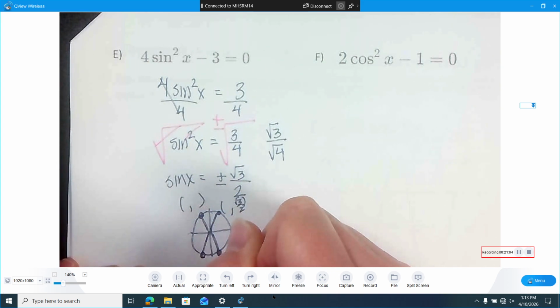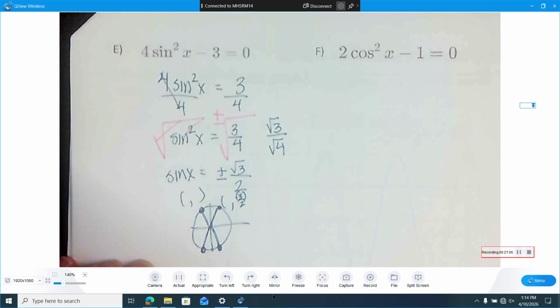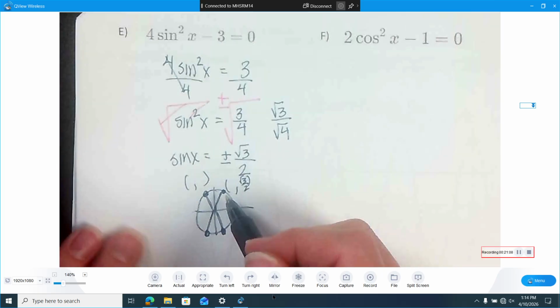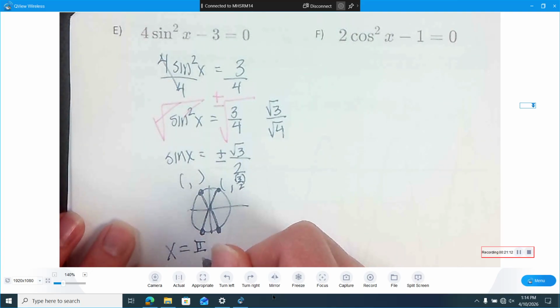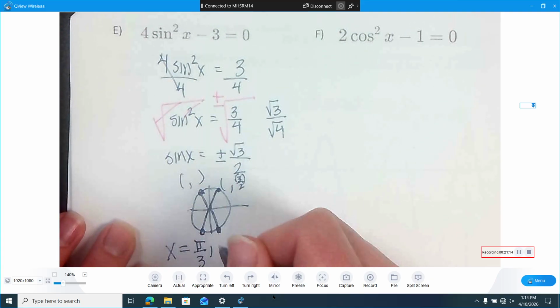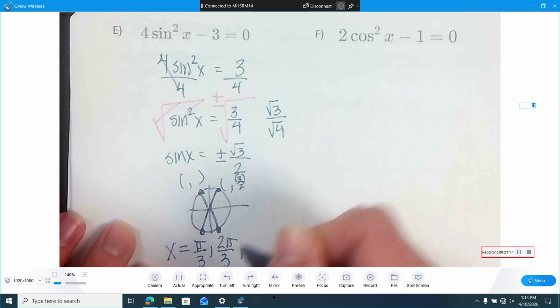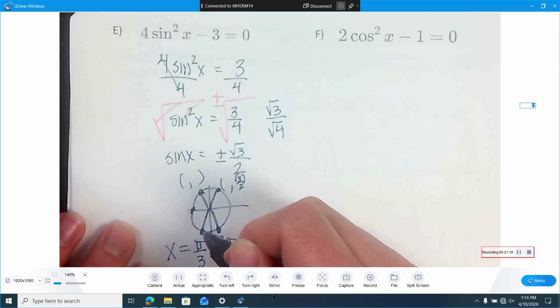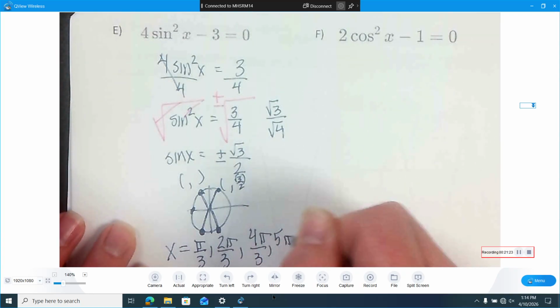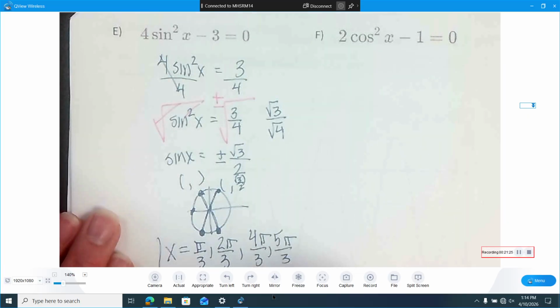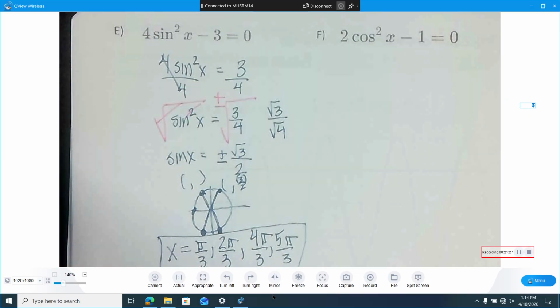These are all my tall triangles, which would be pi over 3, 2 pi over 3, 4 pi over 3 and 5 pi over 3. So this one has 4 answers.